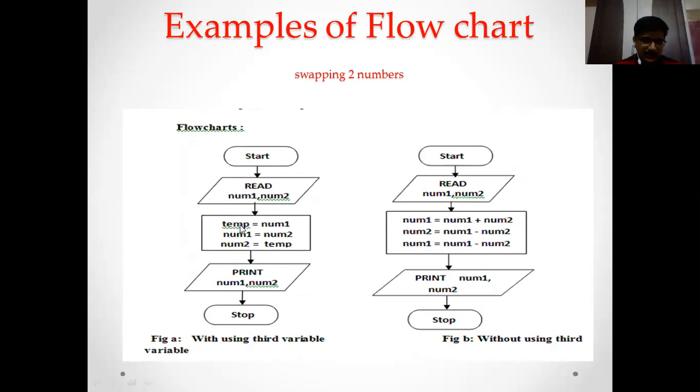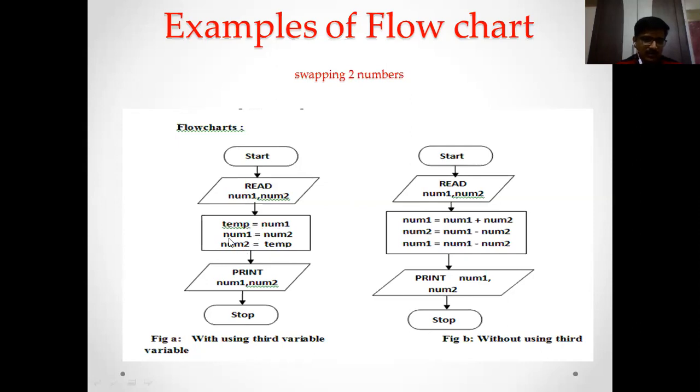First I place number one, that is 10, into temp. Then num2 goes into num1, so num1 loses its value of 10 and the new value, 20, is assigned to num1. Next, temp, which has 10, is assigned to num2. So num2 loses its previous value of 20, and the new value, 10, is assigned to num2.